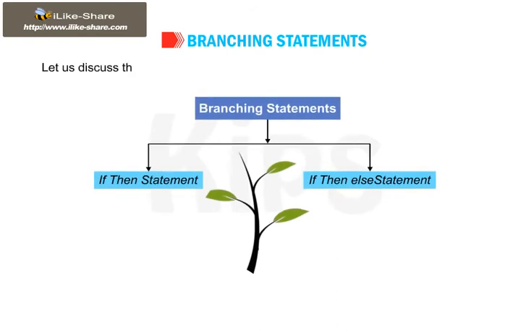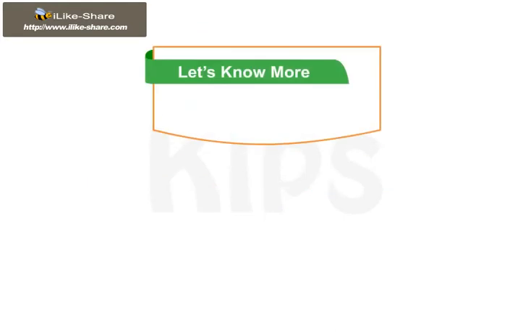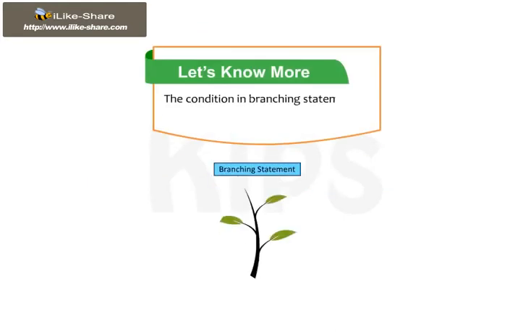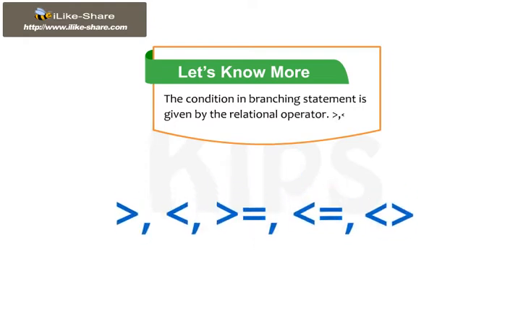Let us discuss the different forms of branching statements available in Small Basic. Students, let us know more that the condition in a branching statement is given by the relational operators: greater than, smaller than, greater than equal to, smaller than equal to, and not equal to.